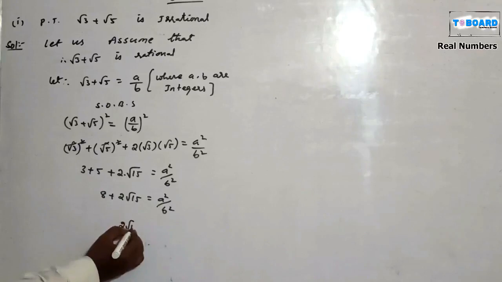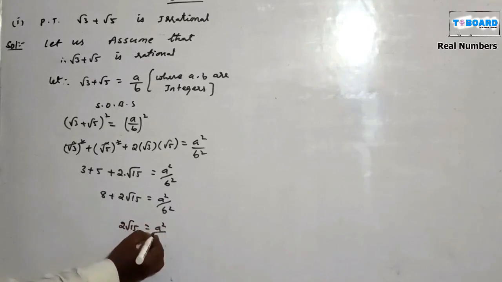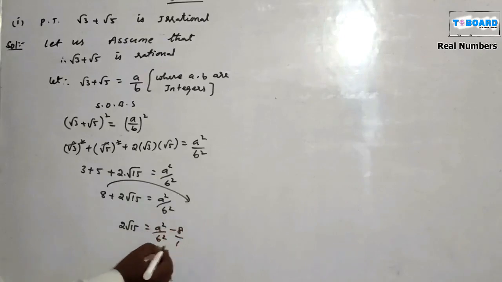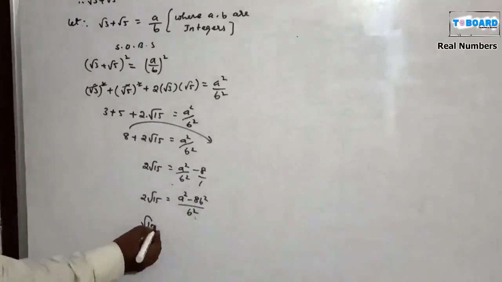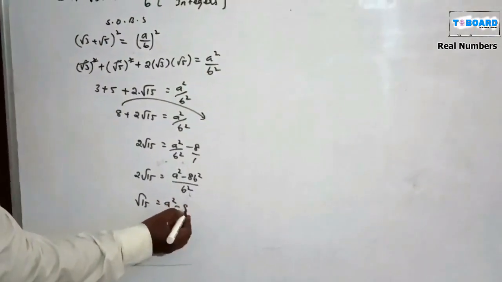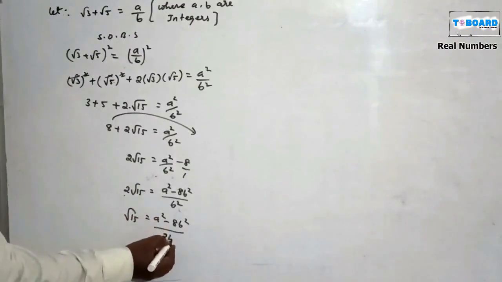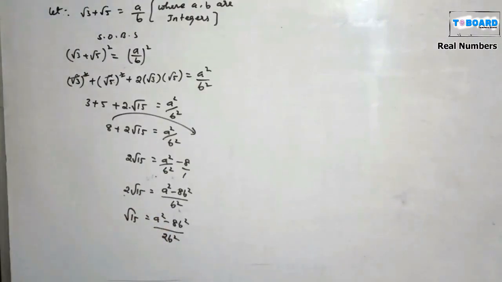2 root 15 equals a square by b square, plus 8 changes to minus 8. 2 root 15 equals a square minus 8b square by b square. Now root 15 equals a square minus 8b square by, here 2 is multiplication, now changes to division, 2b square.